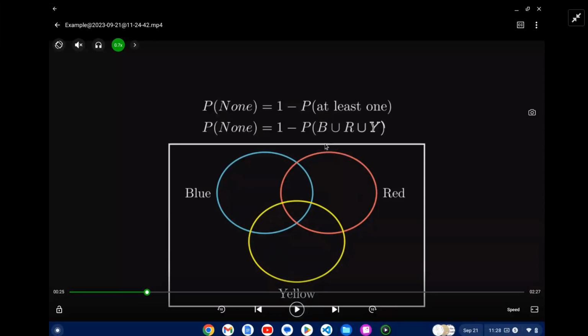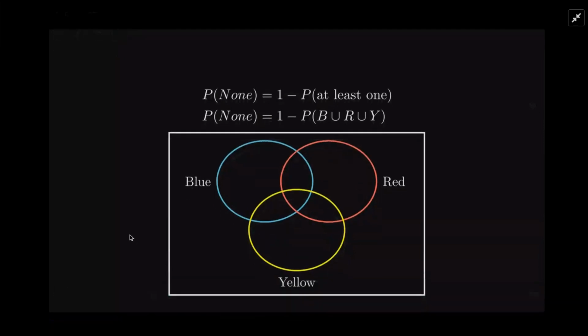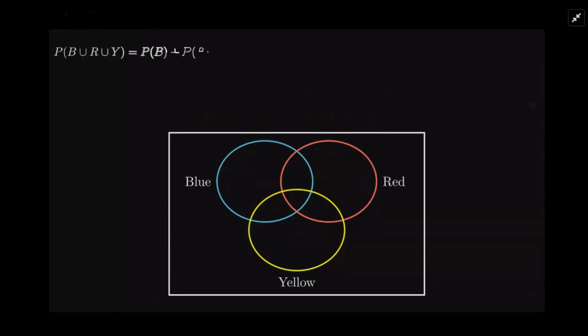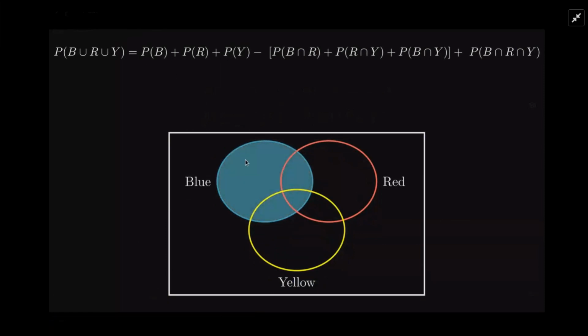Now let's look at the union of the 3 sets. This is known as inclusion-exclusion. We add up each individual probability. Keep in mind there's no difference between the colors, they're equally probable.